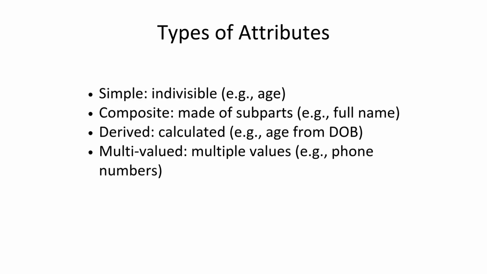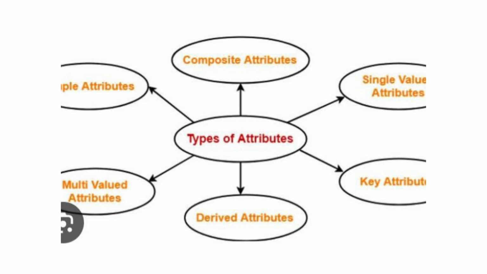Types of attributes. Let's dive a little deeper into attribute types with a few real world examples. A simple attribute like employee ID is just one value, clear and straightforward. A composite attribute such as address might include street, city, zip, and country. Derived attributes like total salary might be calculated from base salary and bonuses.